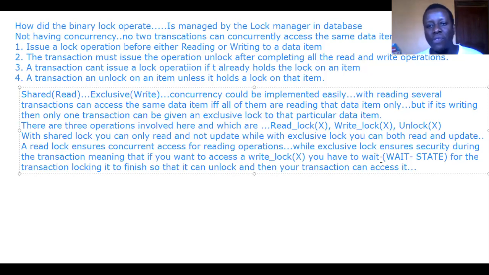Now that's what we have with the binary lock, and I've talked about the read and the write. Now the unlock. If a transaction finishes with that data item, it must unlock.